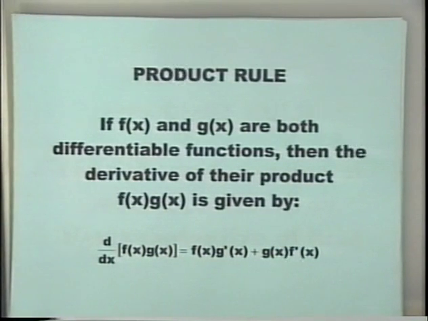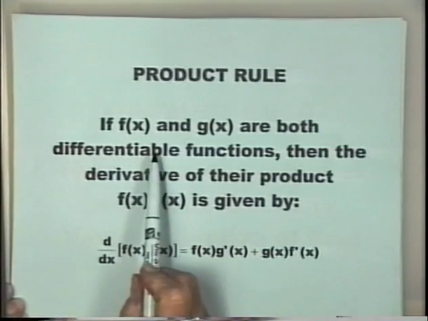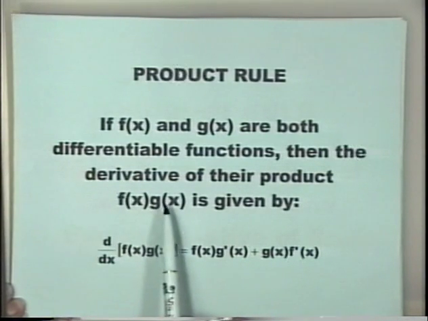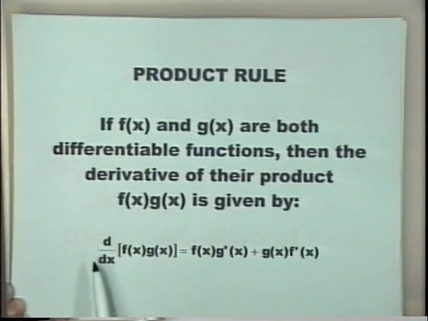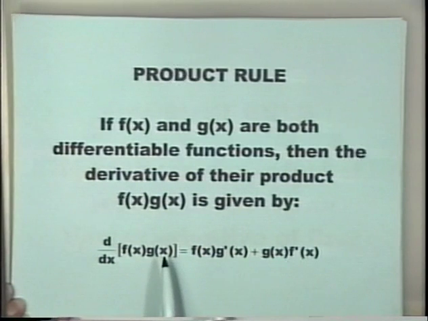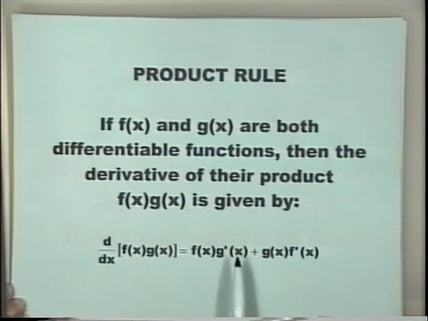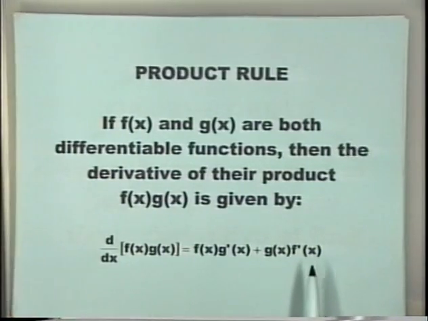Notice if f of x and g of x are both differentiable functions, again that just means we can find their derivatives, then the derivative of their product, f of x times g of x, is given by the following. The derivative with respect to x of f of x times g of x equals f of x times g prime of x plus g of x times f prime of x.